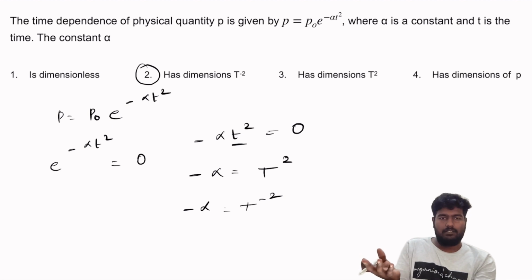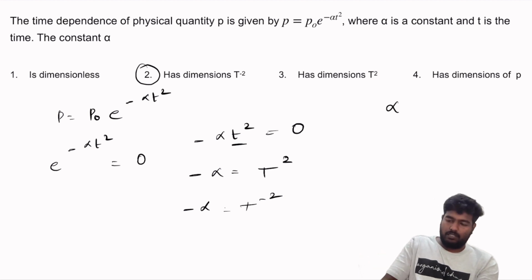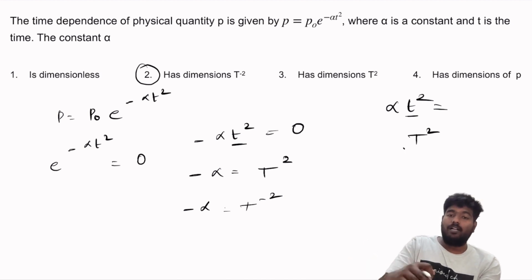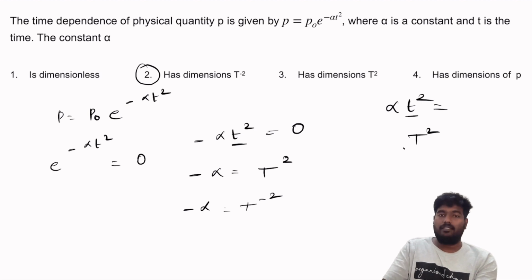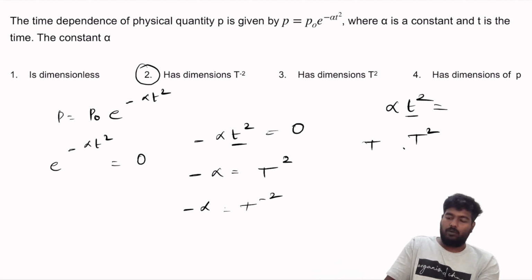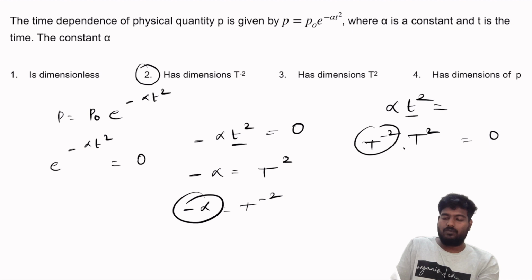This entire portion should be dimensionless. This has dimension of T square, so if you multiply with T power minus 2, then you get the total dimension as 0. Alpha should have T power minus 2 as its dimension. I hope it's clear. If it's not clear, please let me know in the comments.